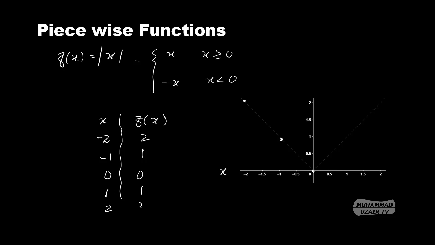For x equal to 1 we will get 1, so this point. For x equal to 2, y is equal to 2, so this point. This will be the graph of absolute x.